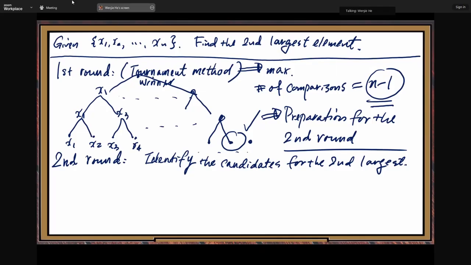Other than the final champion, all the other players are losers, because everyone loses at least once. So all the remaining n-1 are losers. We have n-1 losers.